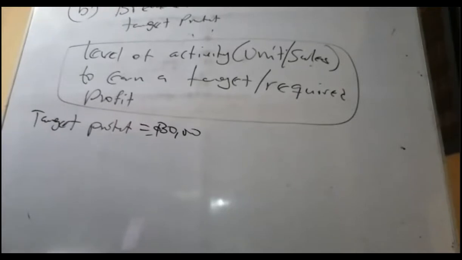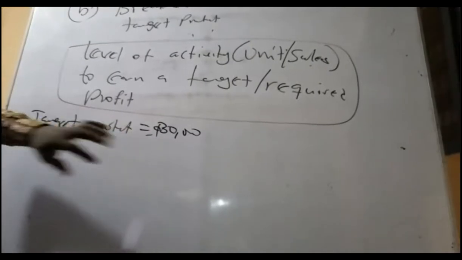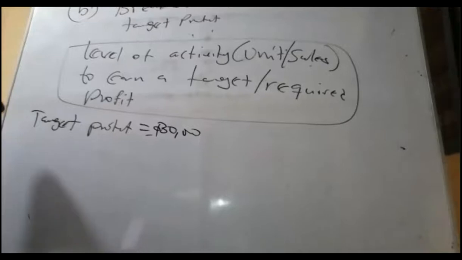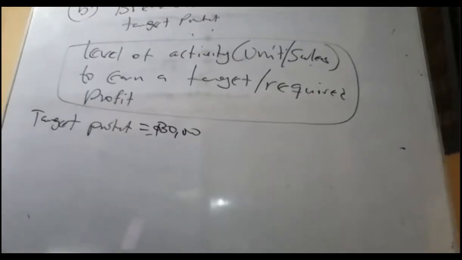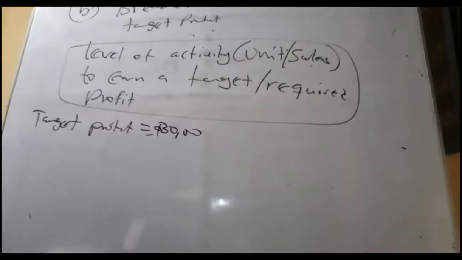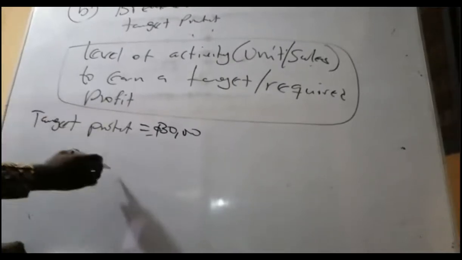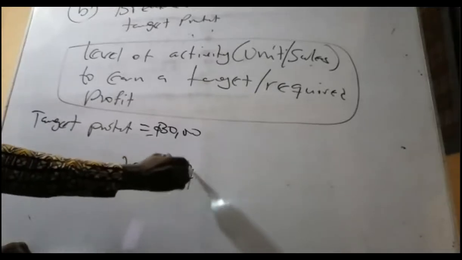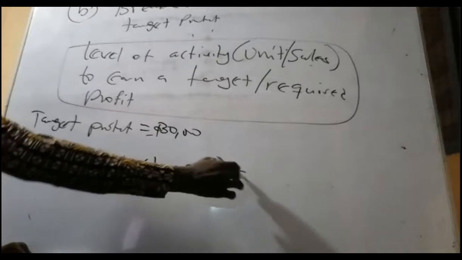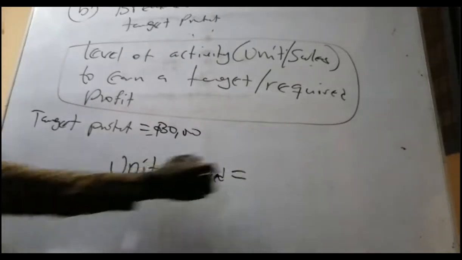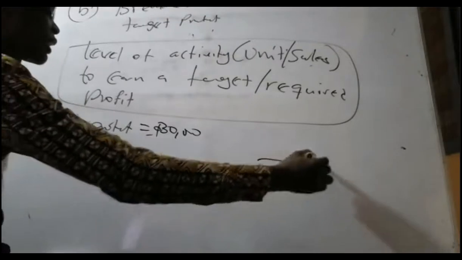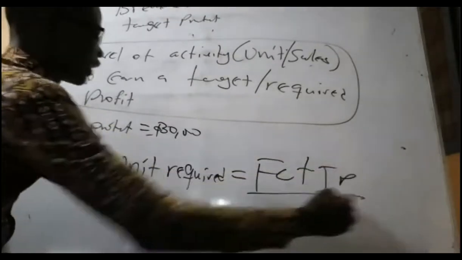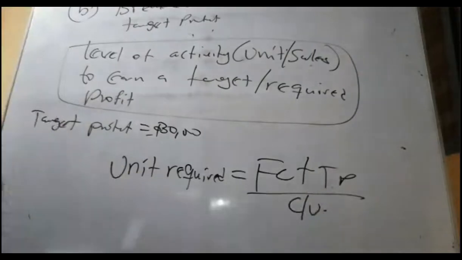The question is, what should be the units that the company must produce and sell so at the end of the day they can achieve a profit of 30,000? With this particular question, we can use a long approach. But don't worry yourself. Let's go by the formula, right? So the unit required is equal to the fixed cost plus the target profit, all divided by the contribution per unit. That's all.